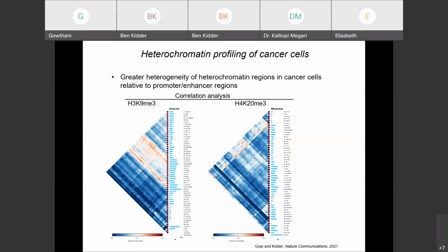The thought being that if you have dysregulation of heterochromatin, this can kind of wreak havoc on chromosome stability, lead to chromosome aberrations, etc. So we looked at these two, which are kind of the most studied and most correlated with the repressed chromatin. And we found there's actually greater heterogeneity of these marks relative to the other active marks, meaning that you could have more dysregulation of the actual compact chromatin relative to the active chromatin.